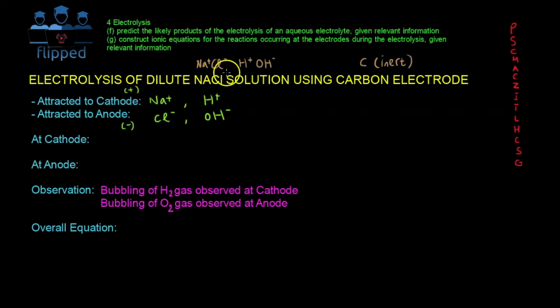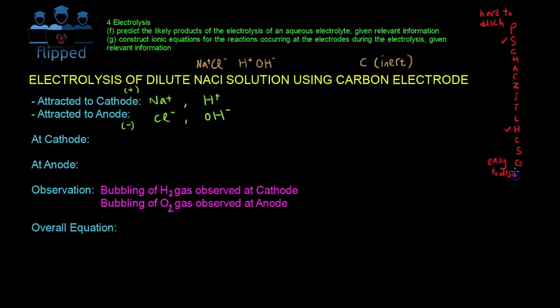We can see that sodium is here, and H+, hydrogen, is here. And I told you that this one will be hard to discharge, whereas here will be easy to discharge.